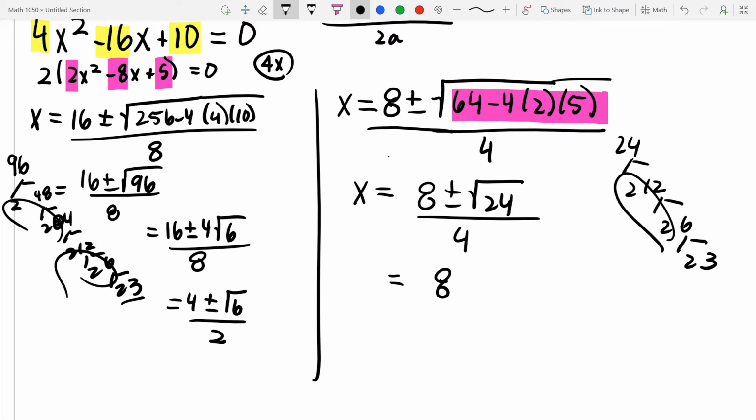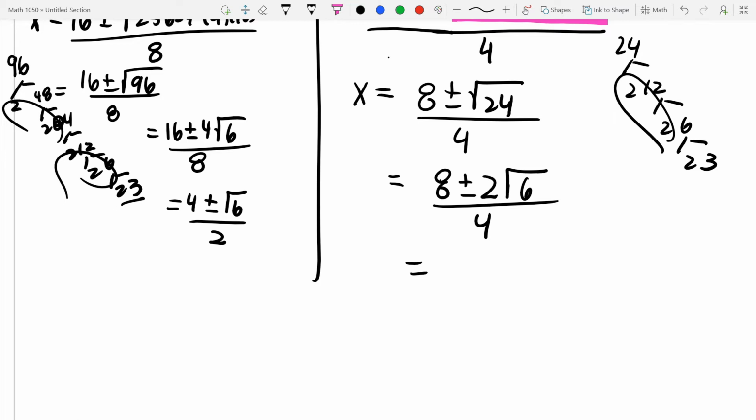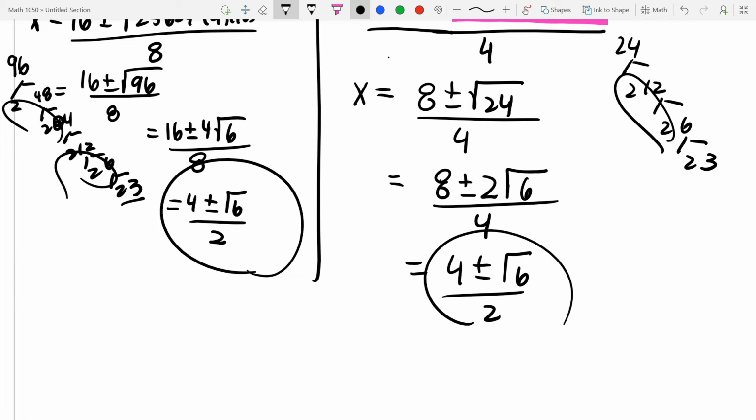So now I have 8 plus or minus 2 square root of 6 all over 4. Can I reduce now? Yes, I'm looking at 8 and 2 and 4. What goes into all those numbers? 2. So now I have 4 plus or minus 1 square root of 6 all over 2. And look at that. Told you.